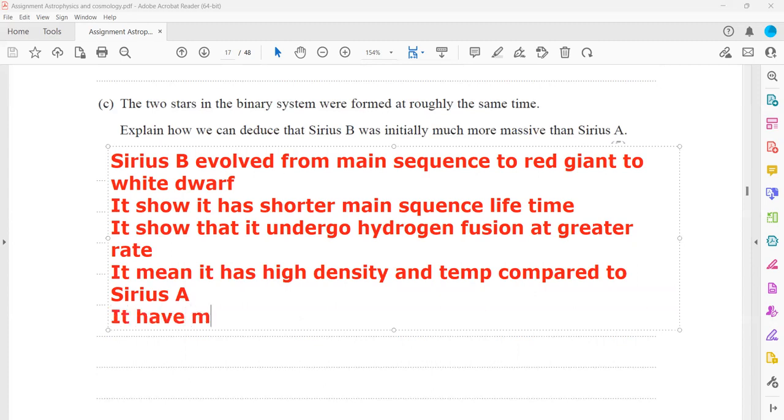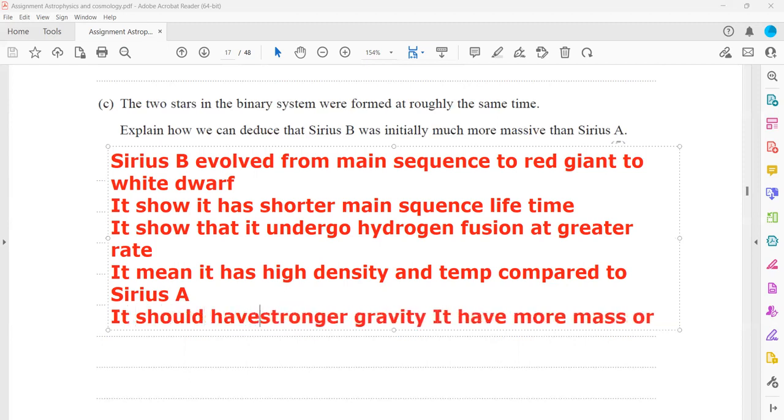It has more mass, or stronger gravity. So it has more mass.